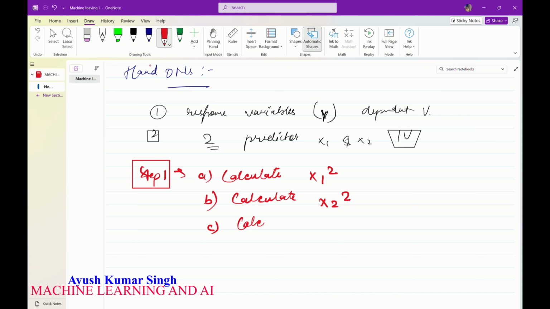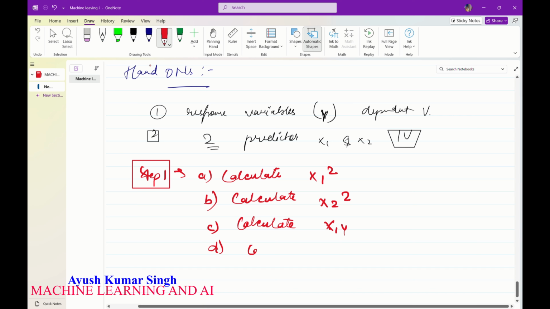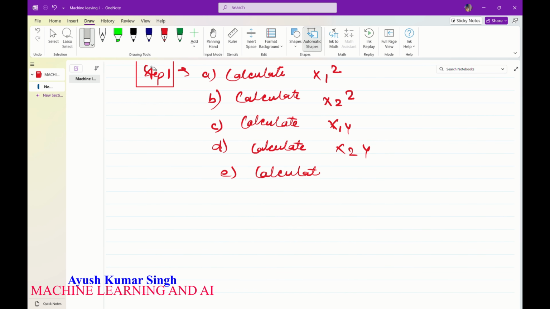Third one is to calculate x1y. Next would be to calculate x2y. And the last one would be to calculate x1 into x2, x1x2. Okay, so this will be a multiplication of these.